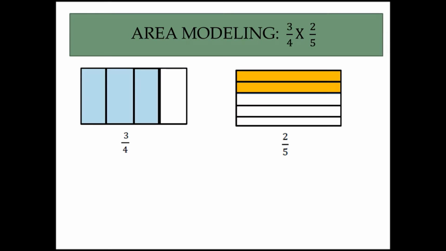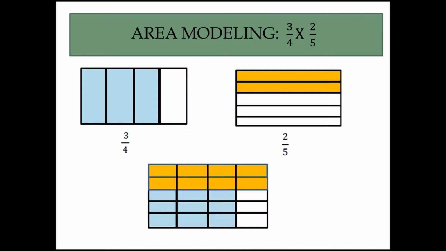Now for multiplication, what you're going to do is lay them on top of the other. So it's going to look something like this. Where the 3 over 4, this is 1, 2, 3, is originally right here. Now this orange part, which is the 1, 2, 3, 4, 5, is laid on top of this blue.